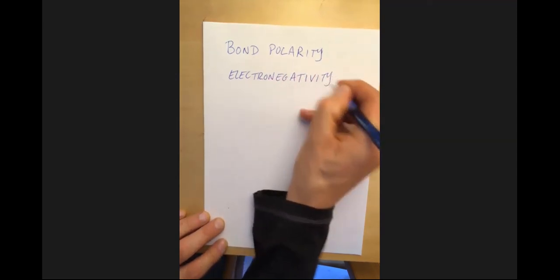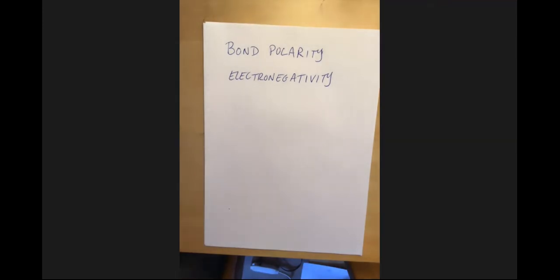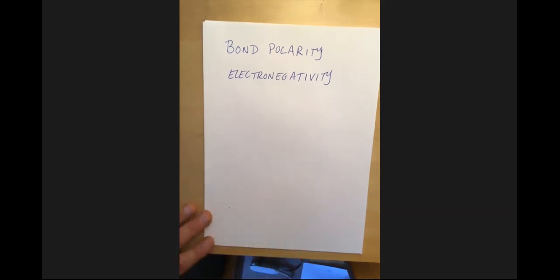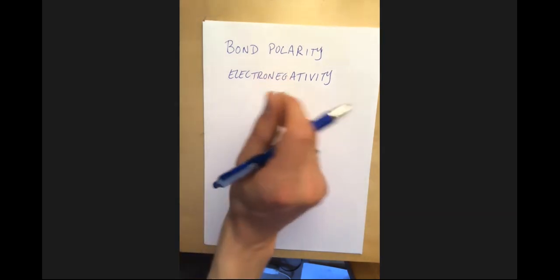Electronegativity. Okay, and electronegativity basically says that some atoms have more attraction for electrons than others, kind of like electron affinity, but when in a shared bond, in a bond that shares a couple of electrons, some atoms will attract the electrons towards them more than others, and that's what electronegativity is.